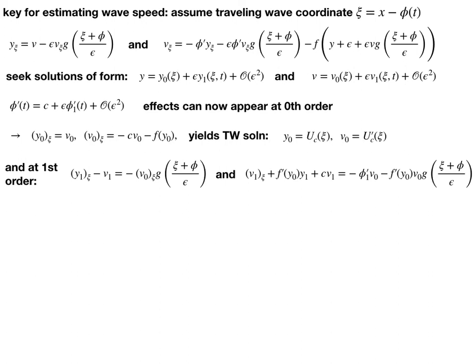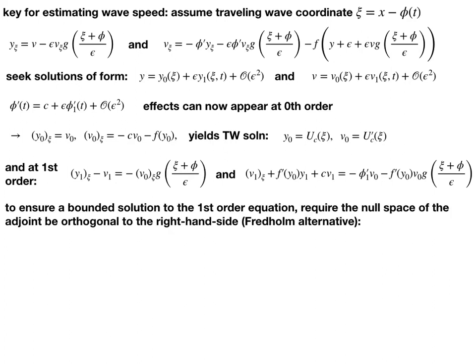We know all of the things on the right-hand sides of the equations, well, up to phi, but we know everything else. And we have a linear operator in y1 and v1 on the left-hand sides, right? So we want to apply the Fredholm alternative. What does that tell us?